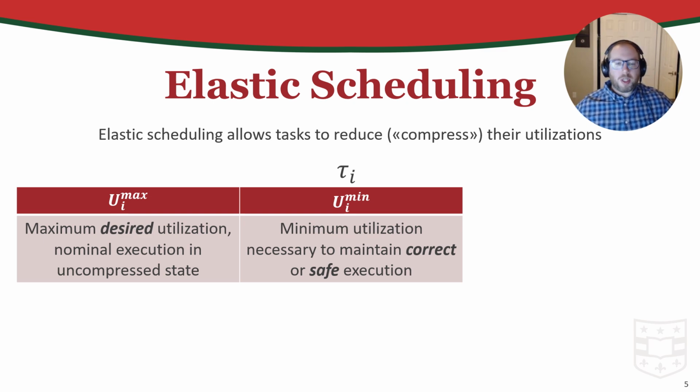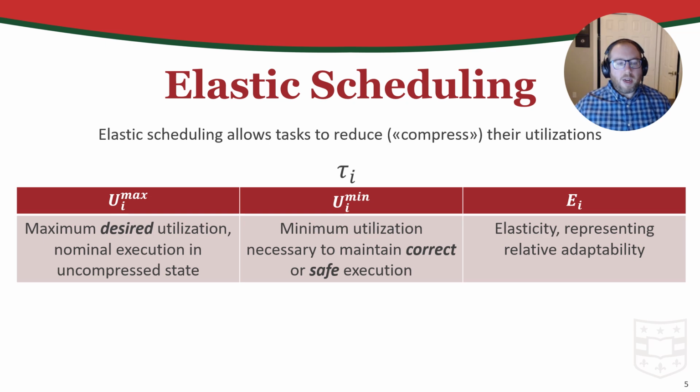This is the utilization necessary to guarantee that the task maintains safe execution or produces correct results. Finally, e sub i is called the task's elasticity, representing its relative adaptability. Often more important tasks are considered less elastic.